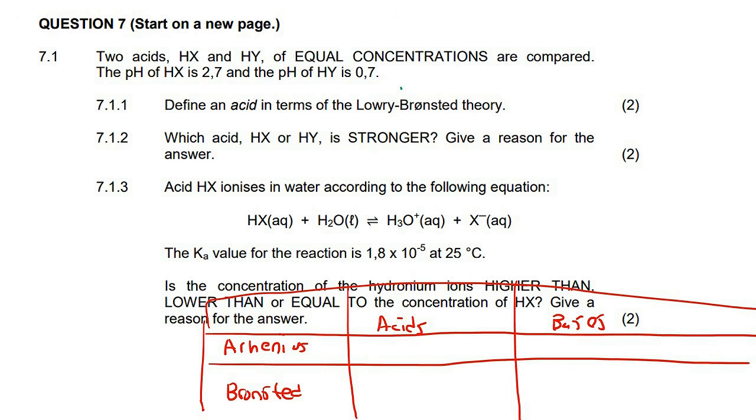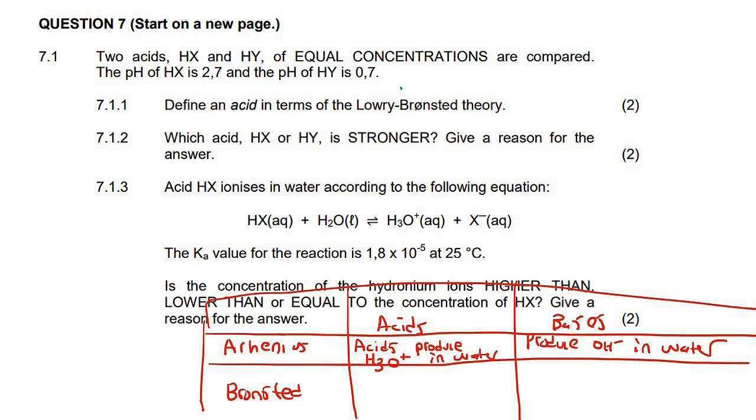Okay, so Arrhenius was the first person to start giving definitions for acids and bases. Arrhenius says that acids produce H3O+ in water. Bases produce OH- in water. So Arrhenius was all about the water.